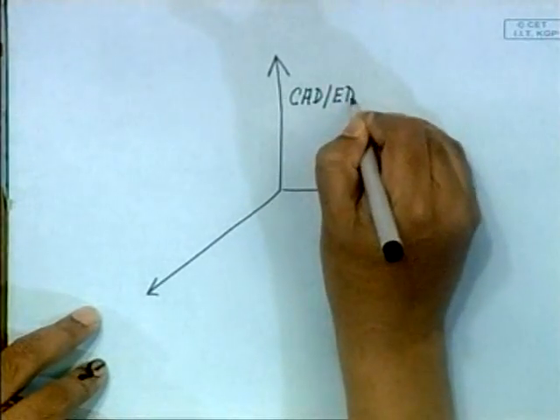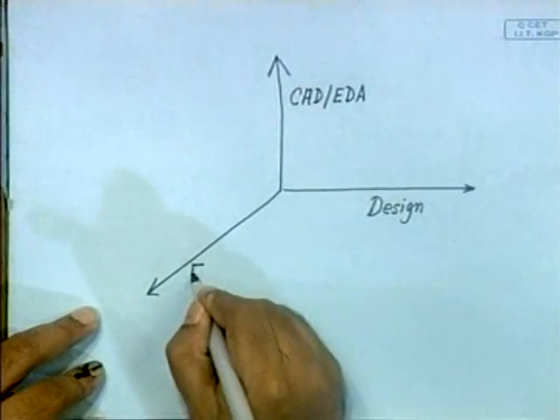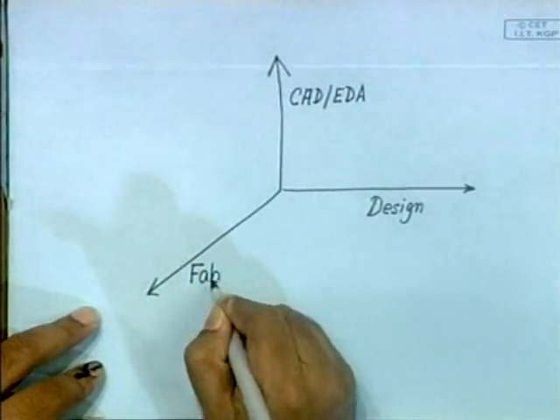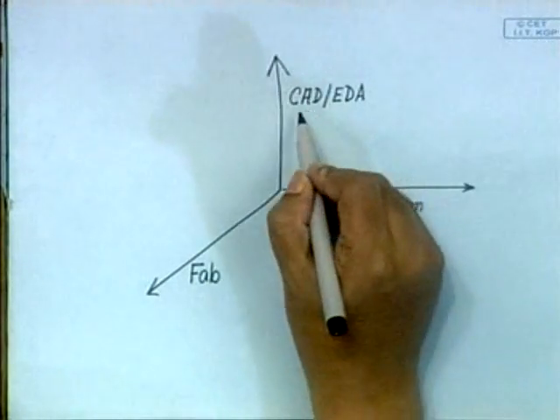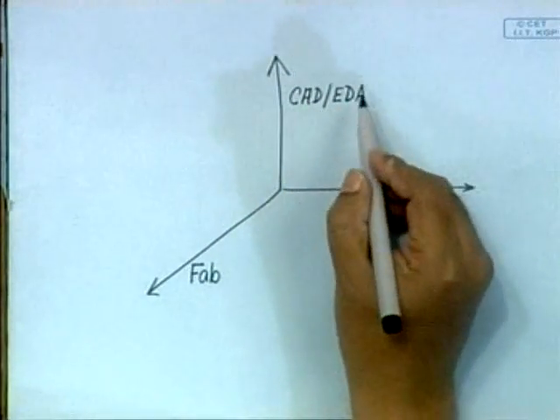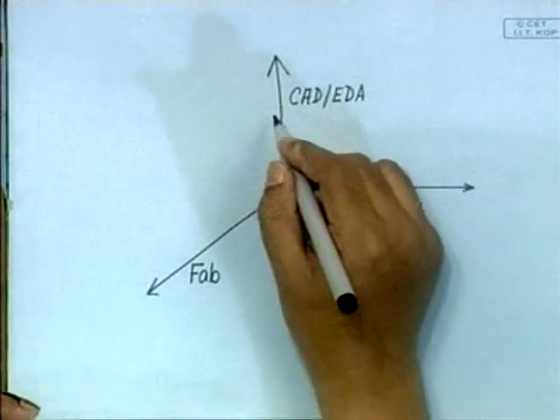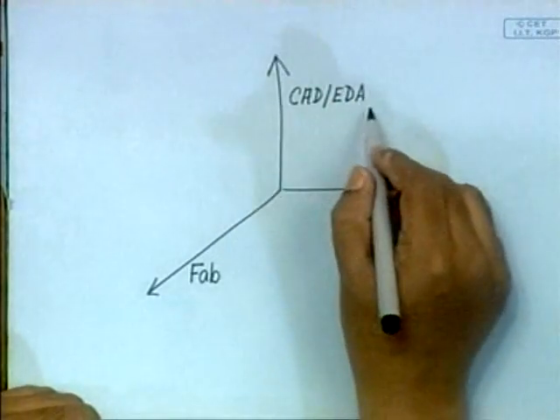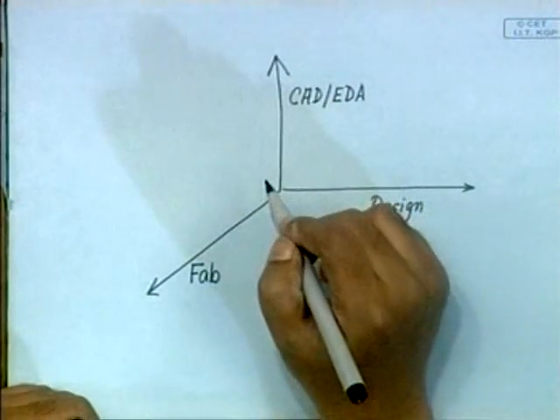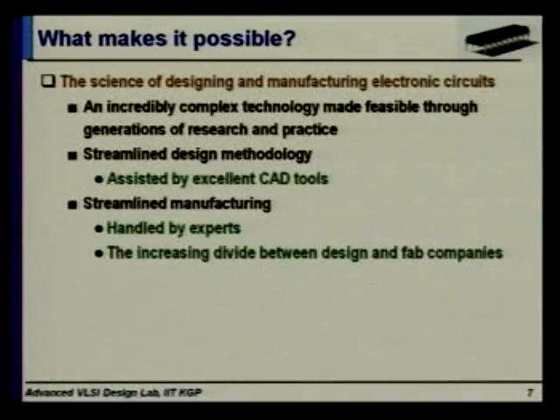I will tell you the full forms of these. And on the other side you have the fab companies. Now let me explain what these are. CAD, computer aided design, and EDA, electronic design automation, these tools are used to design the chips. These are software companies, companies who design these tools for designing chips.